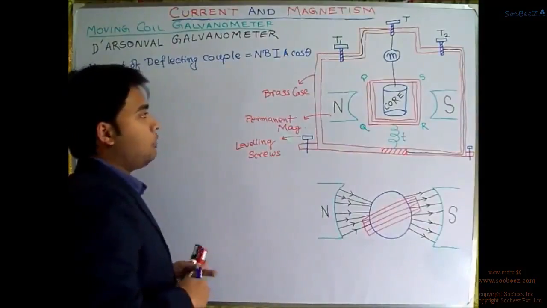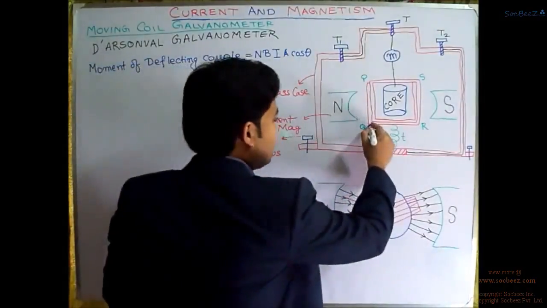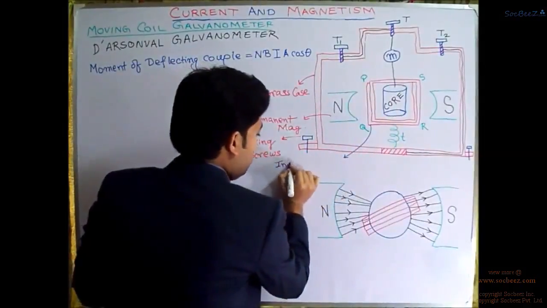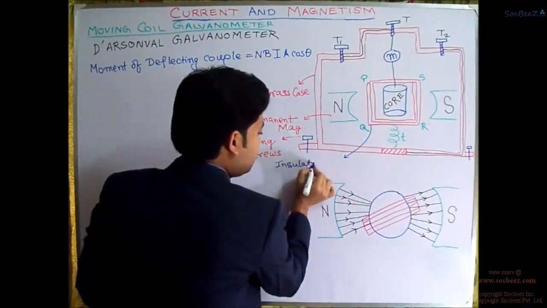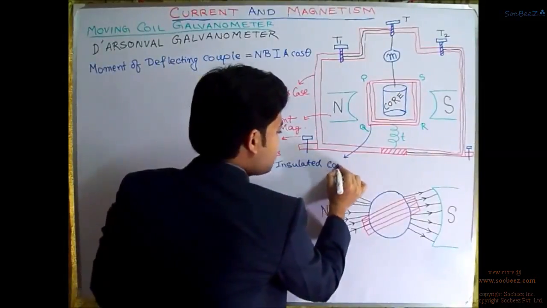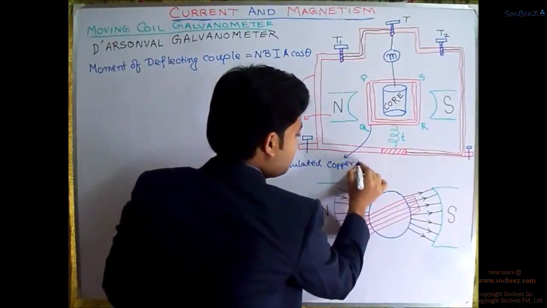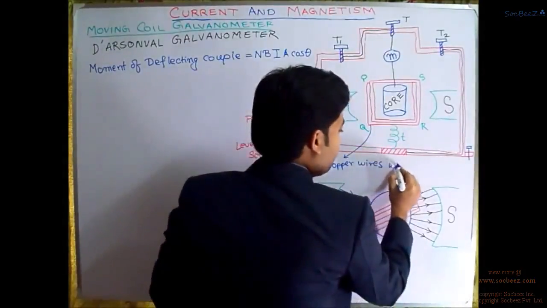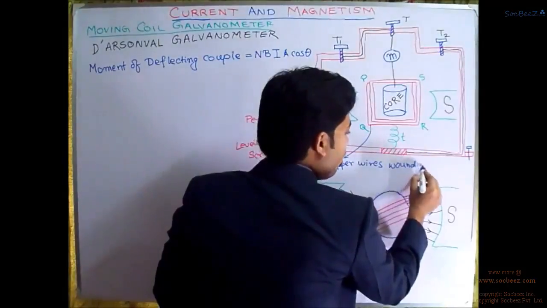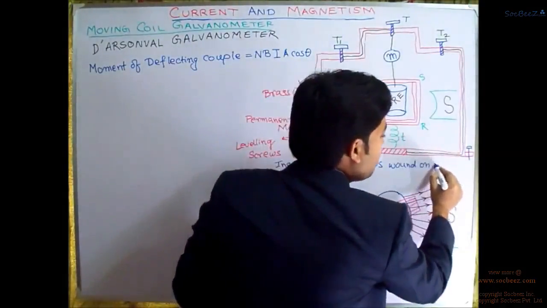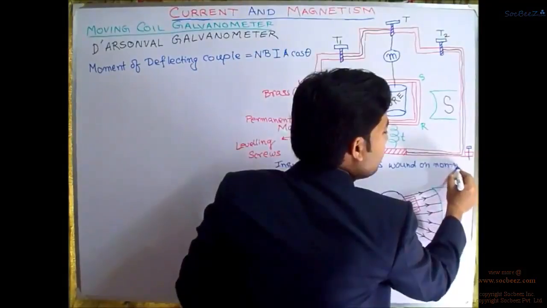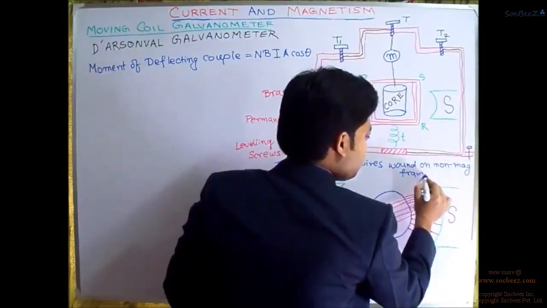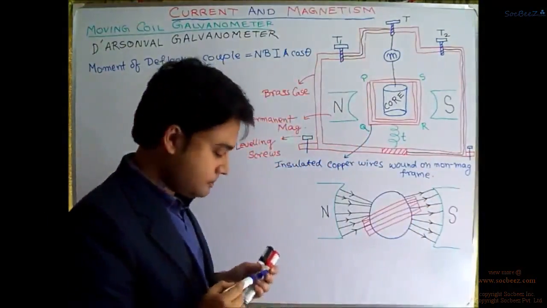The material should be non-magnetic, so we can say they are insulated copper wires wound on a non-magnetic frame, right?